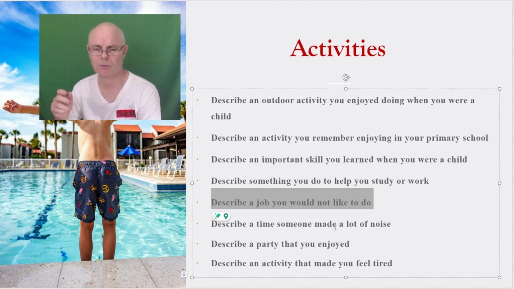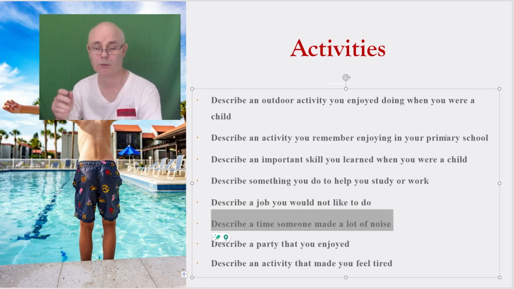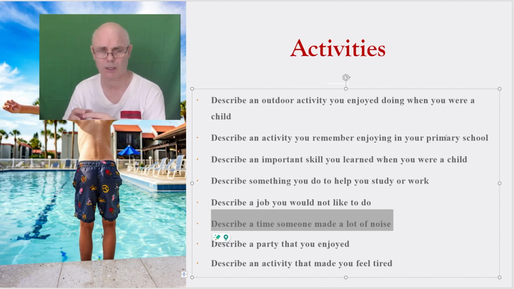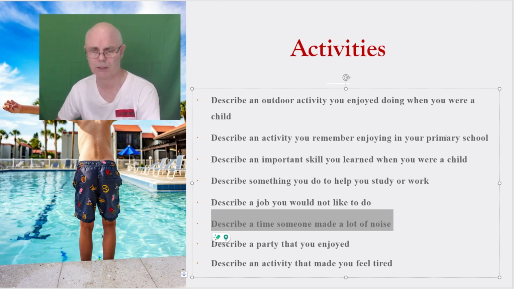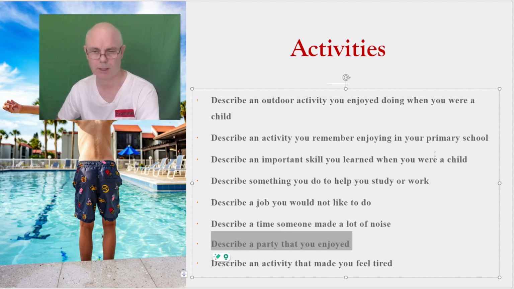Describe a time someone made a lot of noise. Well, that could be swimming. Kids, when they're swimming, make a lot of noise. And they could be screaming, I don't want to, I don't want to. Or it could be something else. You might even link this one to the next one, a party you enjoyed. A party you enjoyed that's in the past and someone made a lot of noise. Maybe somebody sang at the party or something like that.